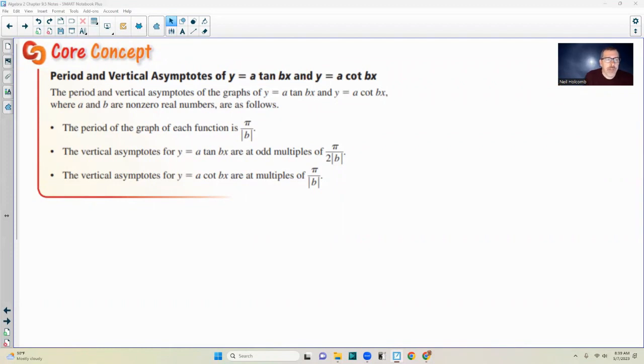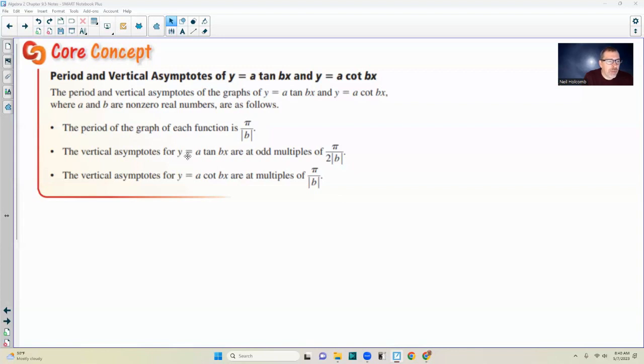Period and vertical asymptotes of y equals a tangent bx and y equals a cotangent bx. In other words, there's a number in front that changes this and a number in front that changes that. The period and vertical asymptotes of the graphs of y equals a times tan bx and y equals a cotan bx, where a and b are non-zero real numbers, are as follows. The period of the graph of each function is pi over the absolute value of b.